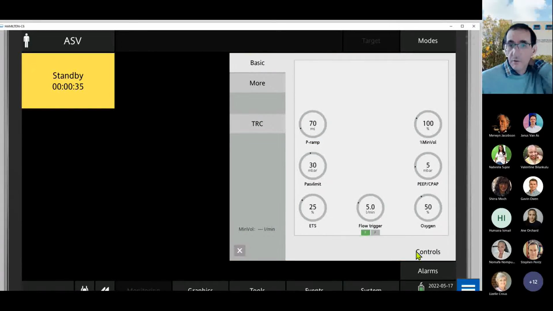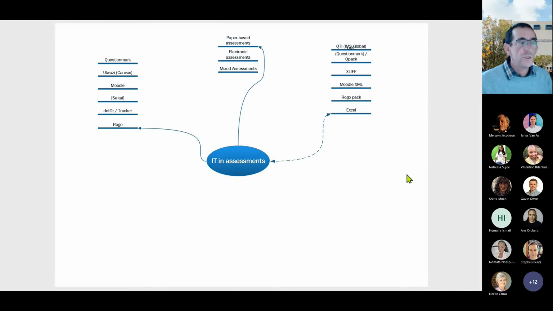And you can work a ventilator as though you've got a simulated patient. And this could form part of a question and give people a very realistic input or output as they are doing the exam itself. The other thing which is used quite a lot at the faculty is the virtual microscope. And although that hasn't been fully integrated into assessments at the moment, there is a move to do that currently.